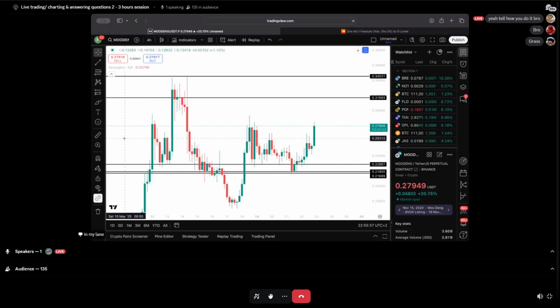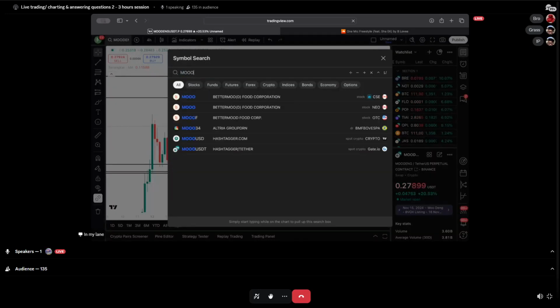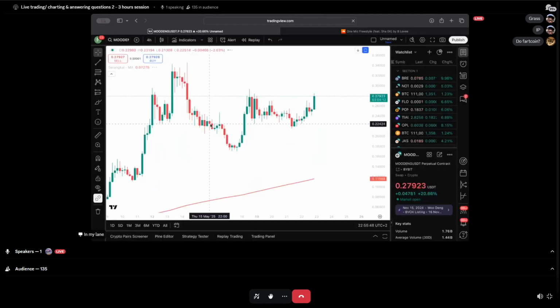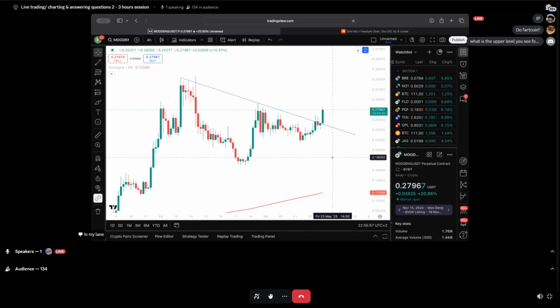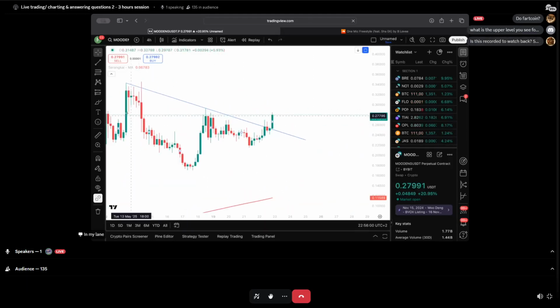Let's see. I will take a new chart. Something like this. So first look for breakout points, then you can place the levels.